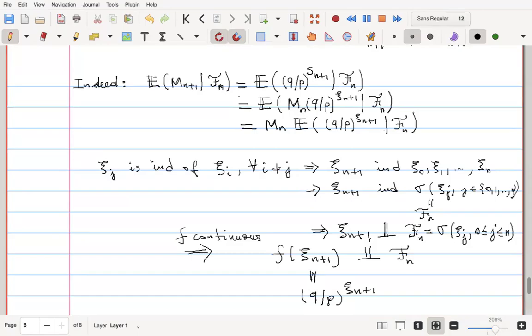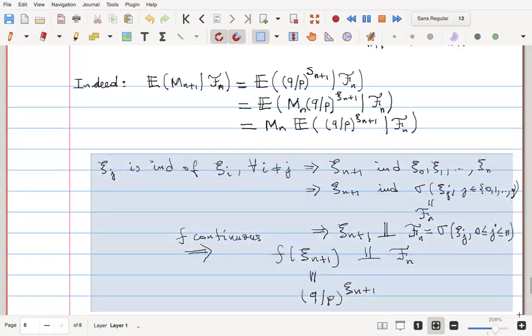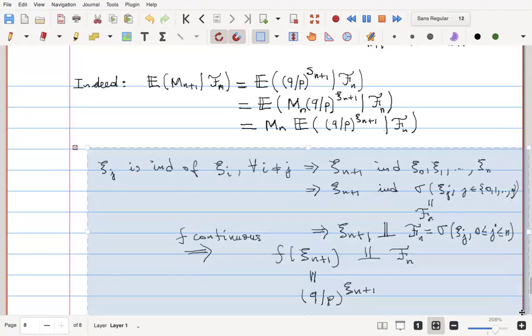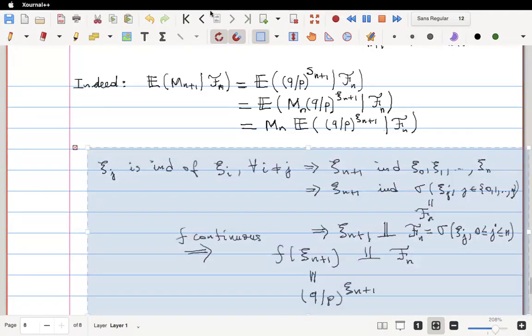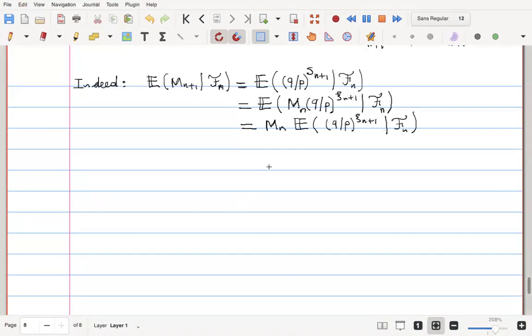Okay, so I'm going to erase what I've written above there. This is the explanation of the next line that I'm going to write. So with this, I can now write the result that this will be M sub n. Since this is independent of F n, the conditional expectation becomes just the expectation.